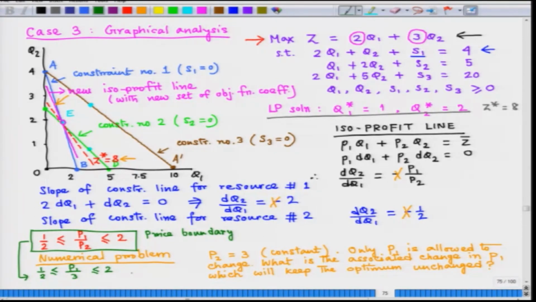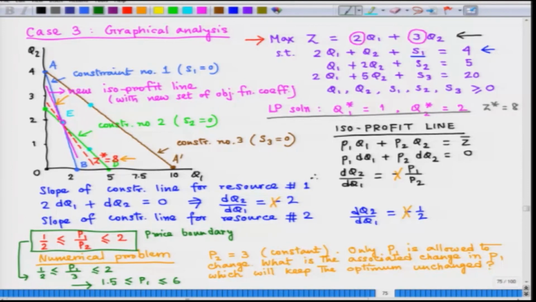If we do so, then we get this range for P1. So, if unit profit for commodity 1 lies between 1.5 and 6, then the optimum solution to this LP problem will not change. Okay. So, I hope that this clarifies the sensitivity analysis case number 3, which is change in objective function coefficient.